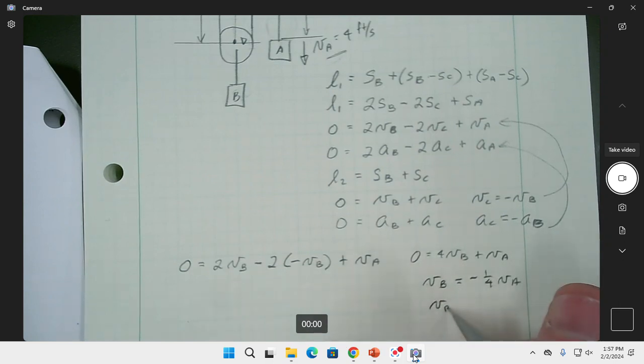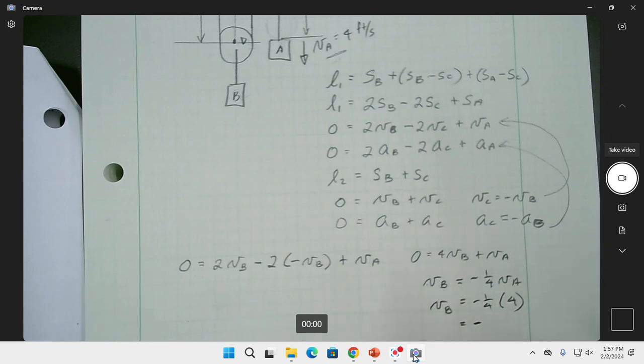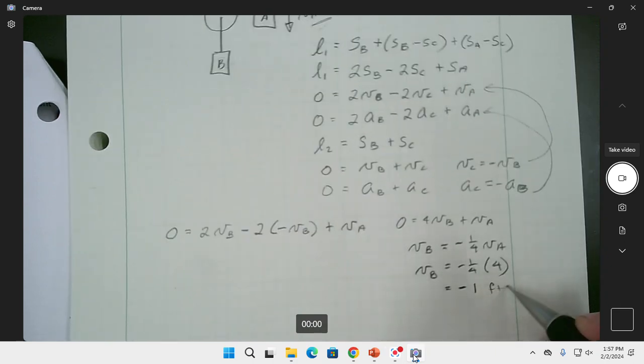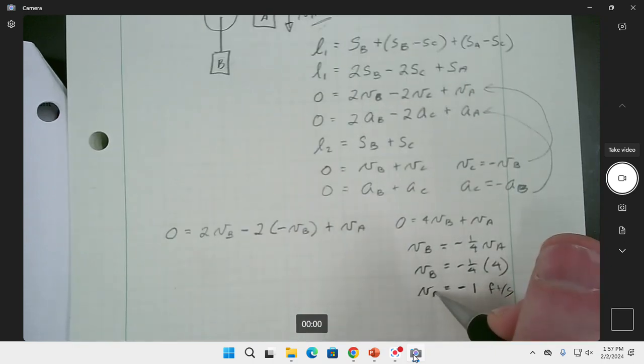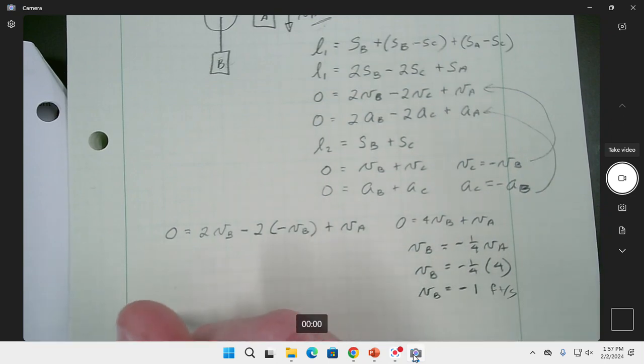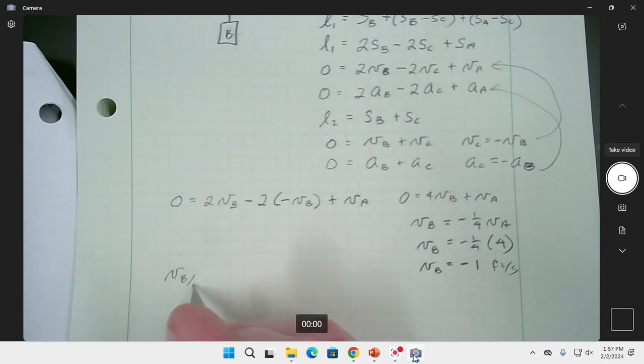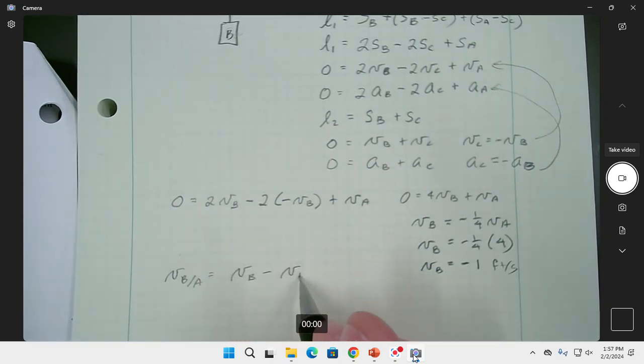Therefore, VB is equal to negative 1/4 of 4, aka negative 1 feet per second. But the question asks for VB with respect to A, right? Which we know is VB minus VA.